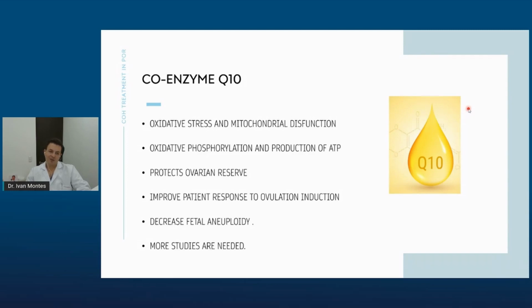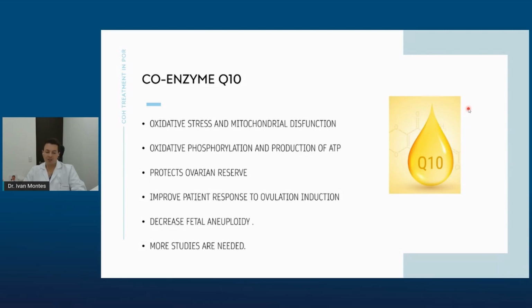Whereas the causes of poor ovarian reserve or poor ovarian response are unknown in most cases, and since oxidative stress and mitochondrial dysfunction have been put forward as one of the possible pathophysiological mechanisms, the antioxidant coenzyme Q10 has been tried as a co-treatment in this type of patients, but young patients.